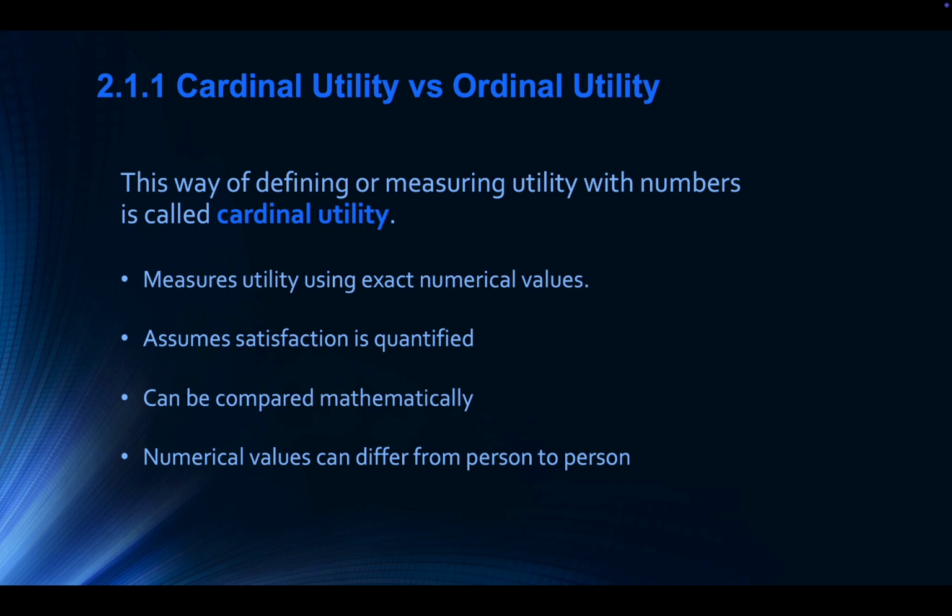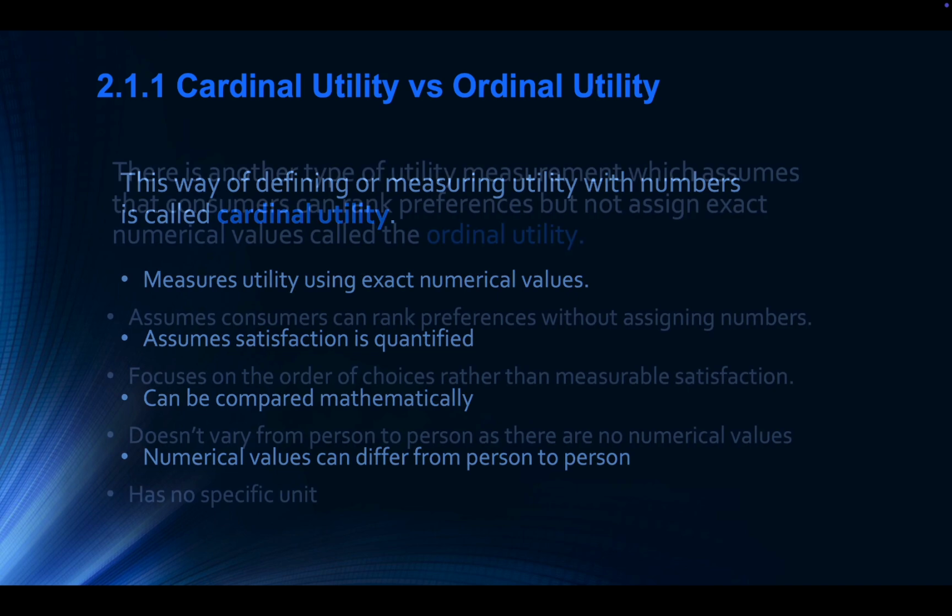Like for cardinal utility, saying a burger provides 50 units and pizza gives 80 units, we can measure it in numerical numbers. But for ordinal utility, a person prefers pizza over burger but cannot quantify how much more satisfaction it provides.